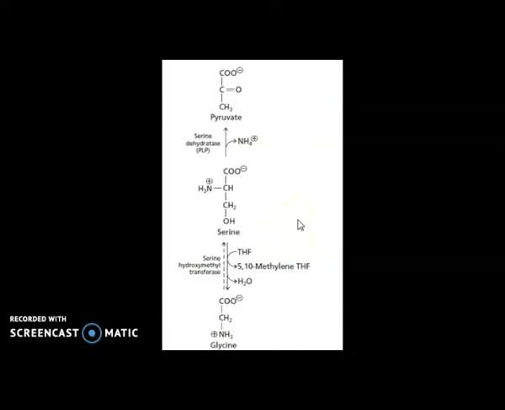There are two pathways for the breakdown of serine. A small amount of serine is converted directly to pyruvate by the action of serine dehydratase, a PLP-dependent enzyme.